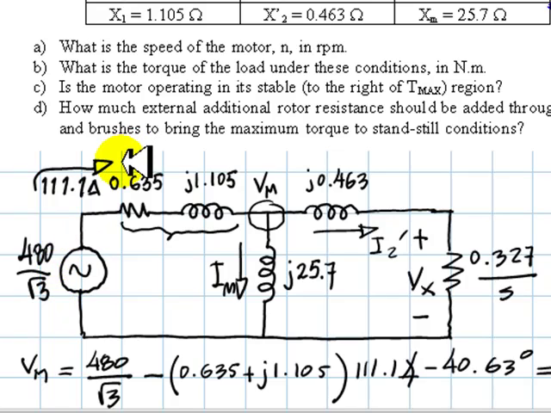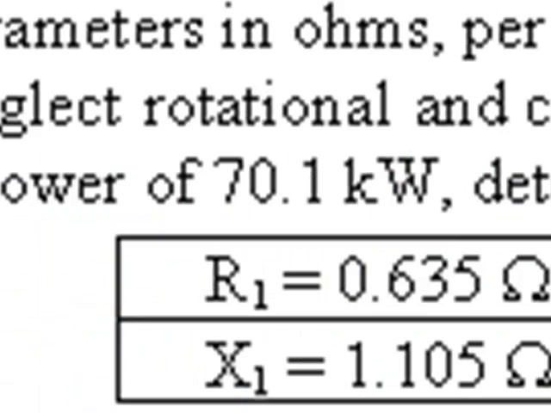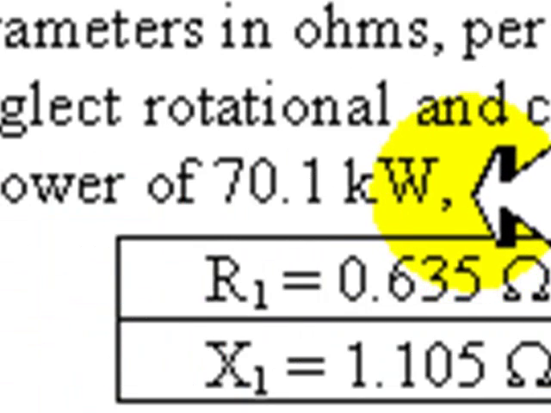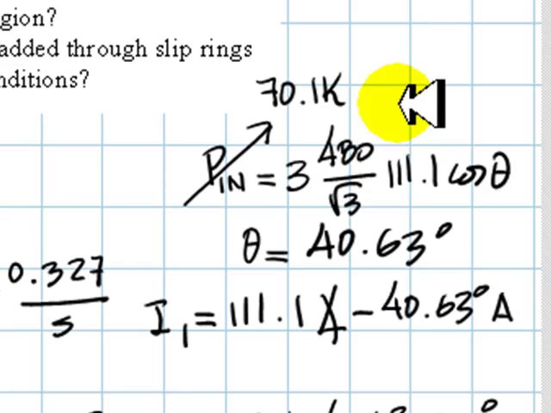The input current is given as 111.1 amps, but the question is, what phase? To find the phase, we are given the datum that the motor is taking 70.1 kilowatts. That is a three-phase power of 70.1 kilowatts. From there, we can compute the phase difference of the current and the voltage.